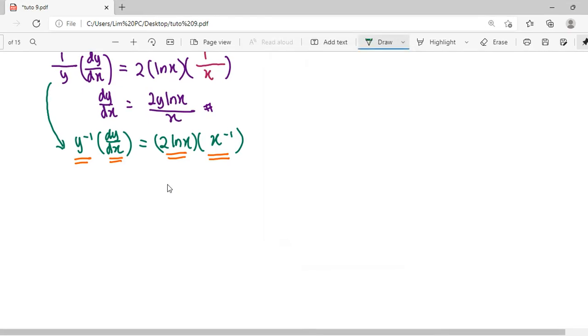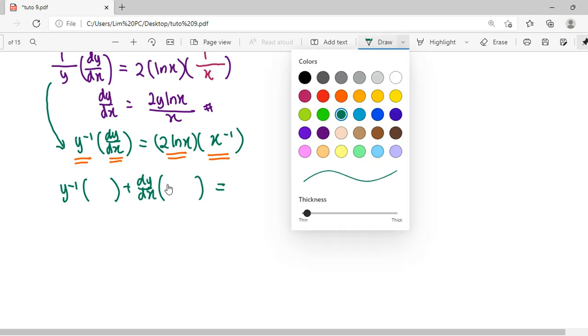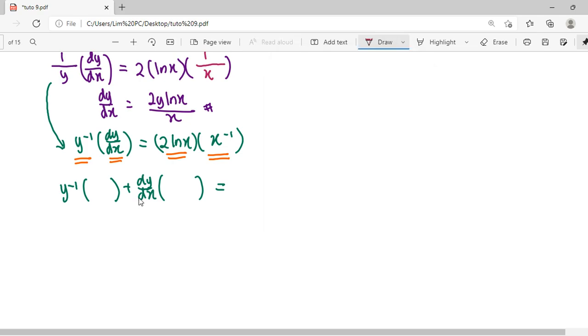So therefore, set up our product rule. Salin yang depan, differentiate yang belakang. Salin yang belakang, differentiate yang depan. Differentiate the part that we want. Differentiate dy dx, we get d2y dx squared, second derivative. Differentiate yang depan, y power of negative 1, power turun ke depan, power tolak 1 become negative 2, and because this is y, it will be implicit differentiation.